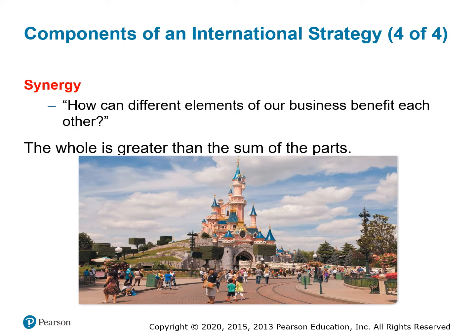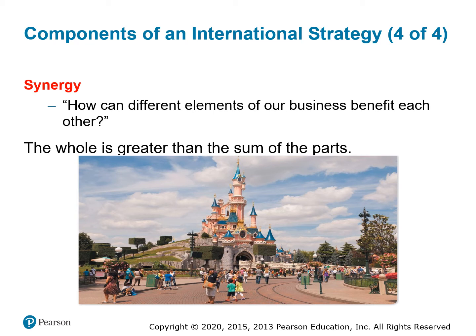Synergy is the 4th strategic approach we're going to look at in this chapter. What is synergy and what does it do relating to international business? Synergy. This strategy lets firms pose an interesting question.